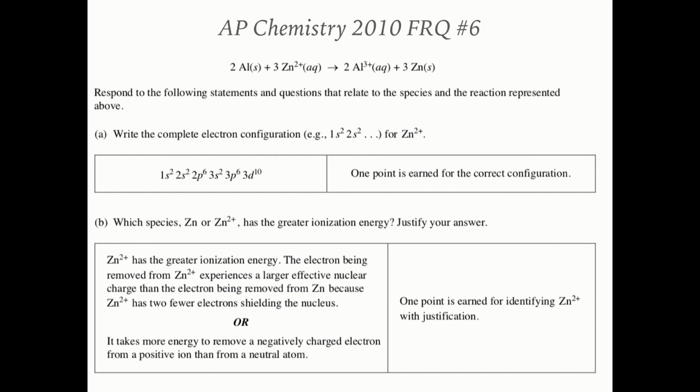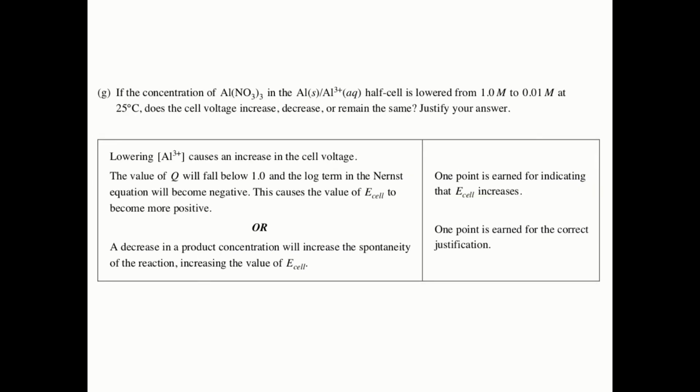By lowering the concentration of aluminum 3+, I am decreasing the concentration of a product, which means my reaction would shift to the right. And since it is shifting to the right, my cell voltage would increase. Now, the way to explain this, you can't just say it's shifting to the right, therefore the cell voltage would increase. You would say since your Q is going to be less than K, it will proceed to the right, and therefore your cell voltage would increase.